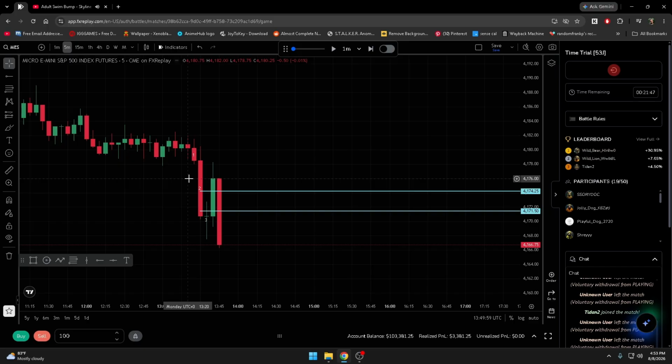Below 1 bottom. Simple as that. Instead of saying below, let's say at 1's bottom.